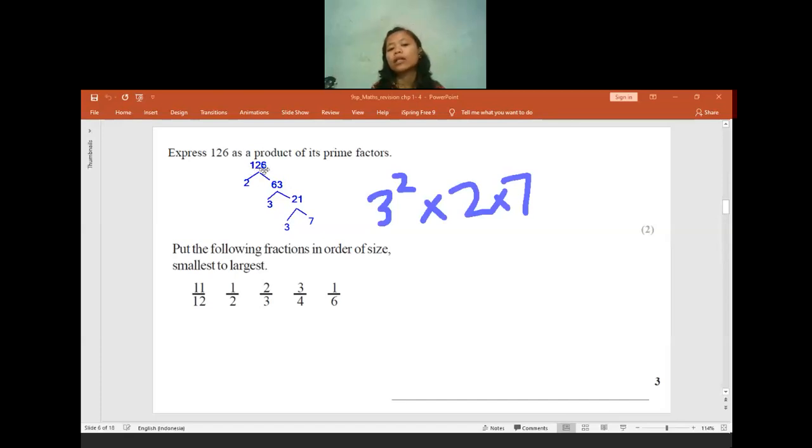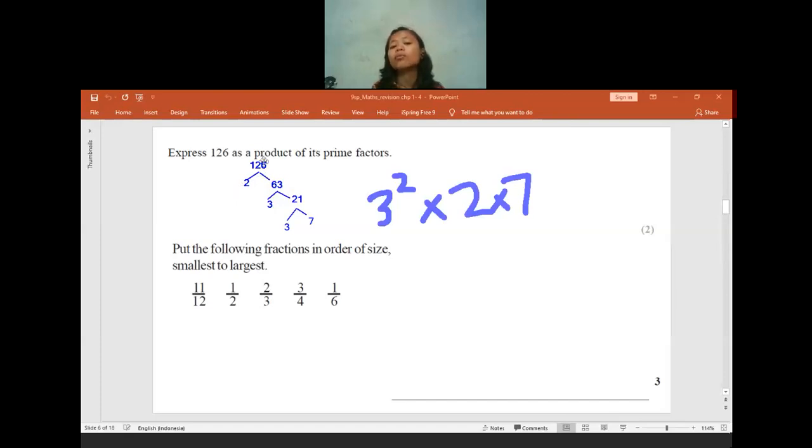So the 126 I divide by 2, the result is 63. 63 is not a prime number, so I need to find other branches again. The 63 I can divide become 3 times 21. 21 is not a prime number, so for 21 I have to make another branch. When the number is already prime, you do not make another branch.